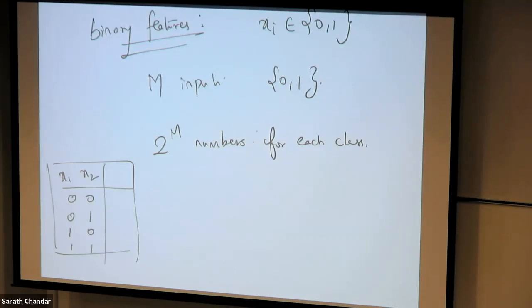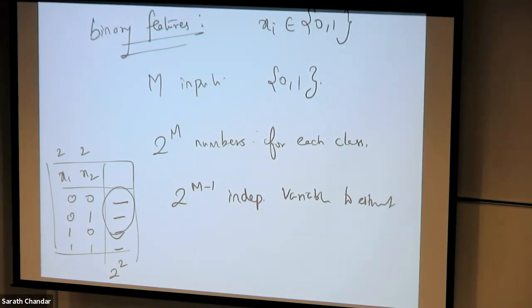This probability table has 4 entries because of 2 power m, which is 2 power 2. Now, if you have 4 probability values that all sum to 1, then you have 4 minus 1, 3 things to estimate. If you estimate these 3 things, the 4th one comes by itself, like it's 1 minus the sum of the rest. So you have 2 power m minus 1 independent variables to estimate.